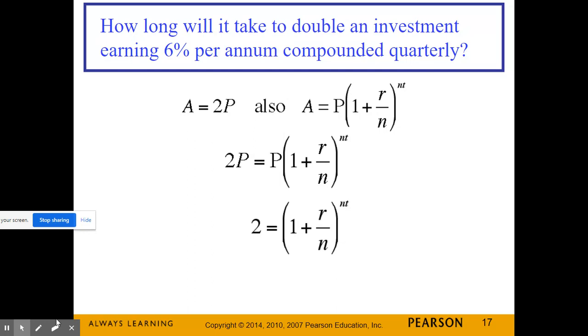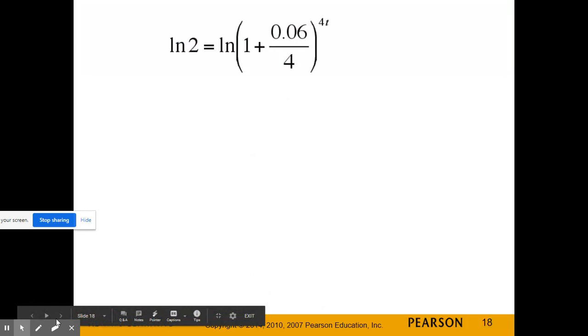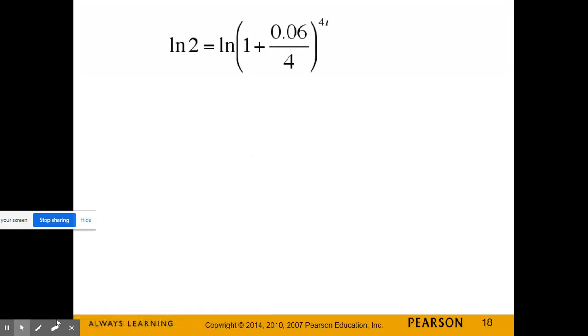Divide P from both sides. Now we can substitute in the information we have. So 6% is 0.06 there. Compounded quarterly is 4 for n. And then take the natural log of both sides. Use power property to get 4t up front as multiplication.